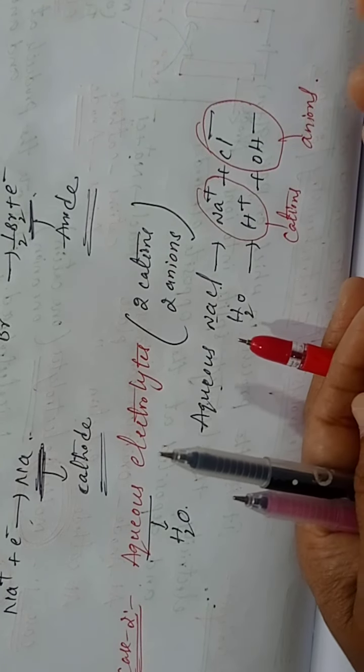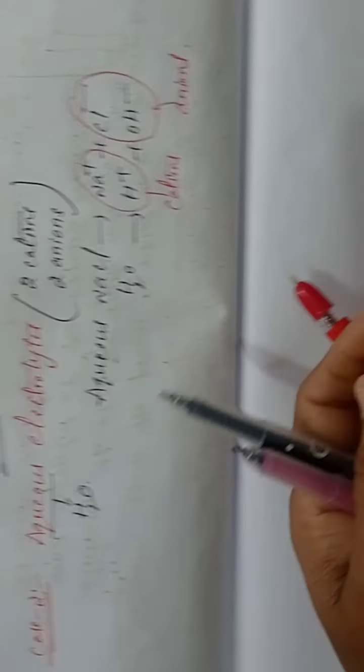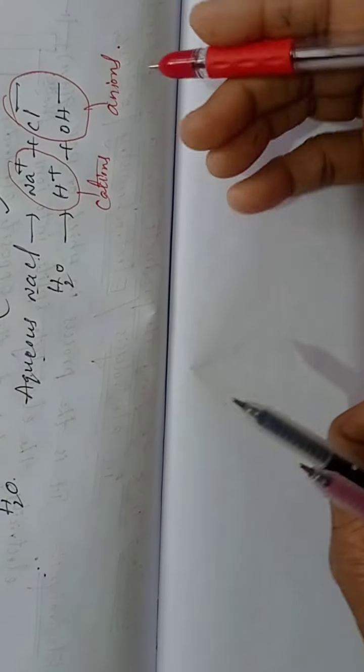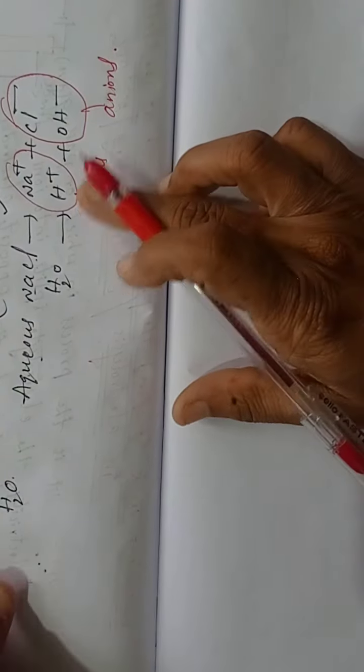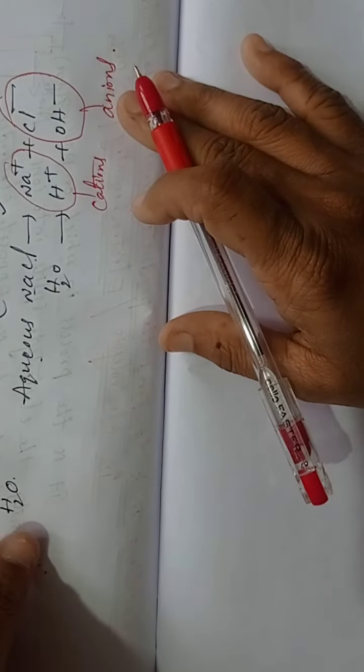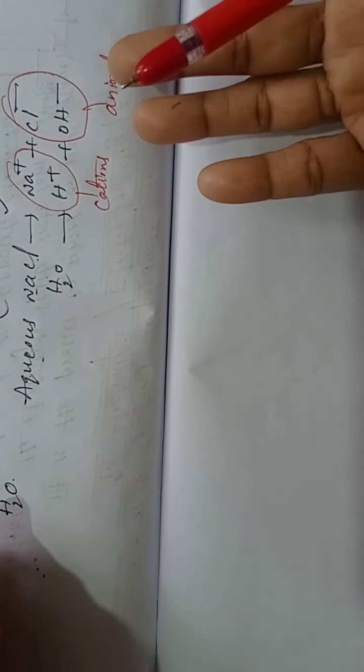Now how to identify? Now you have to remember, here I am giving the excellent trick, students. Which product is formed at the anode and cathode, I'm giving the best trick. Listen carefully.